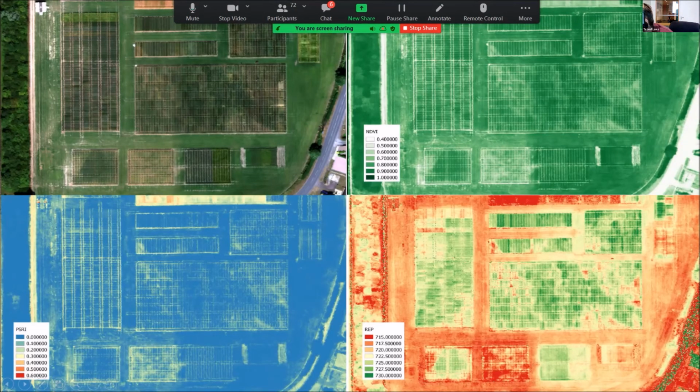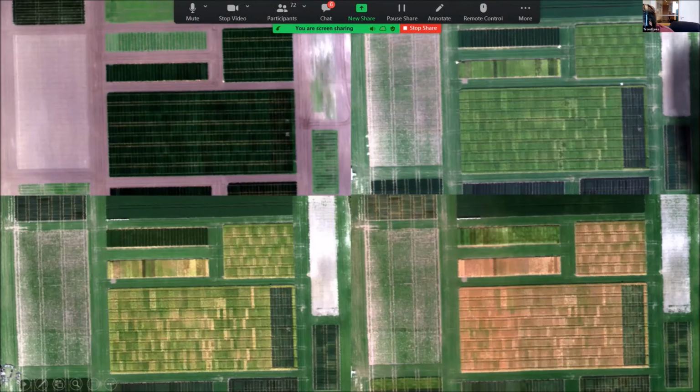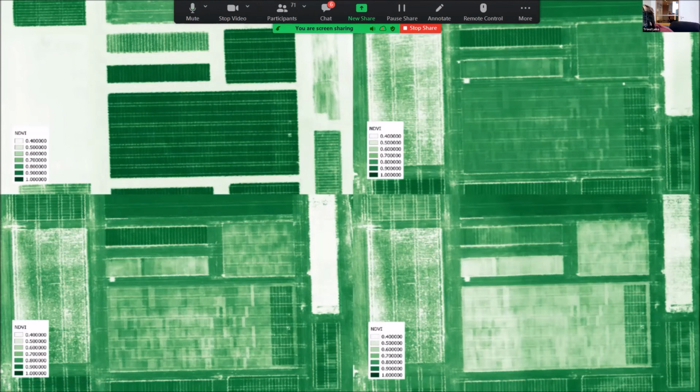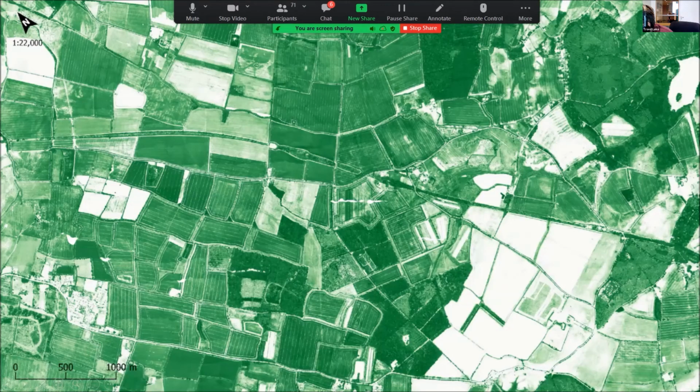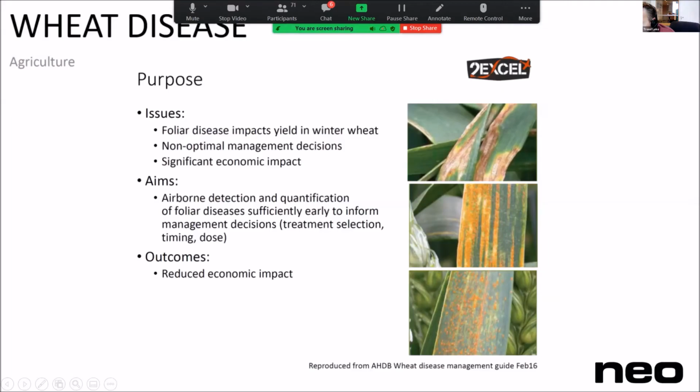More nice classified or quantified images from 2XL. This is just RGB images showing 4 images before processing, and then the NDVI of those 4 images after processing. Larger scale.